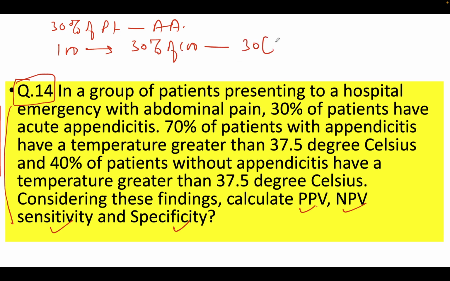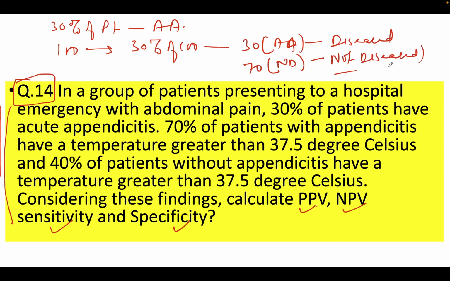So 30 are diseased, and 70 are not diseased. So I got my diseased and not diseased people. So the first part I have done.